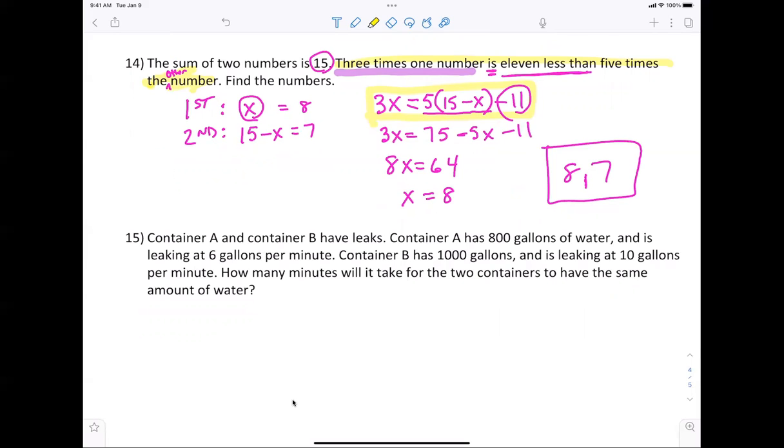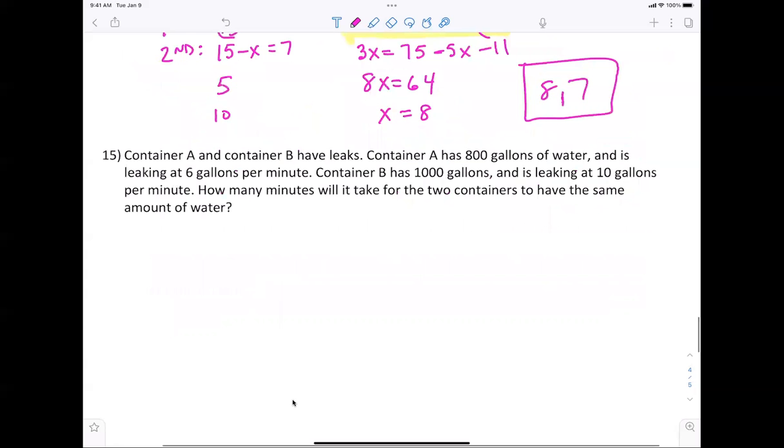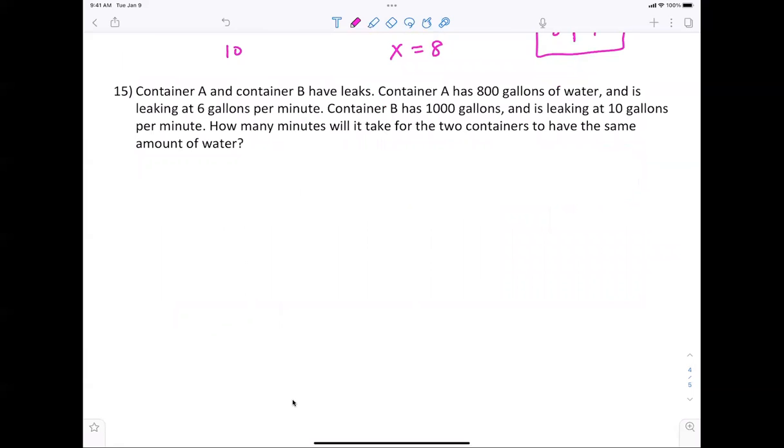That's why I said at the beginning, if one number is 5, the other number had to be 10. So how did you get from 5 to 10? You did 15 minus 5. All right, read it.